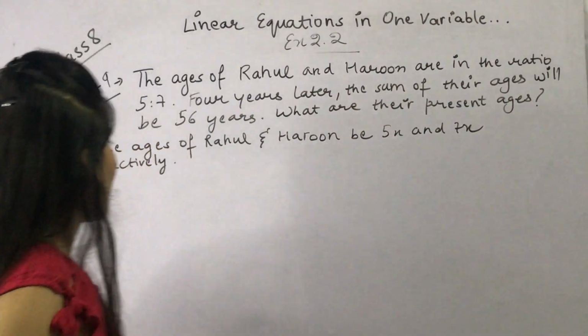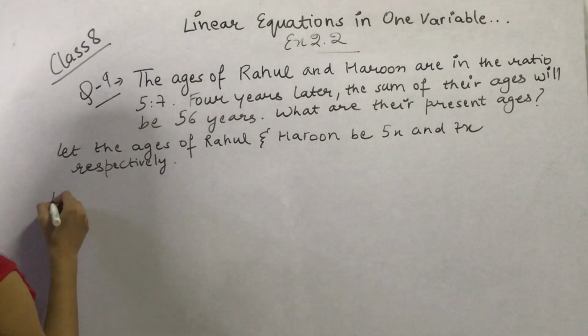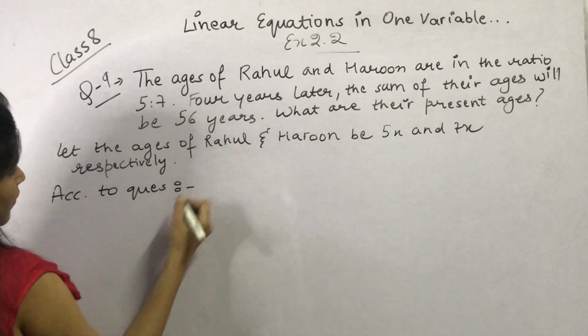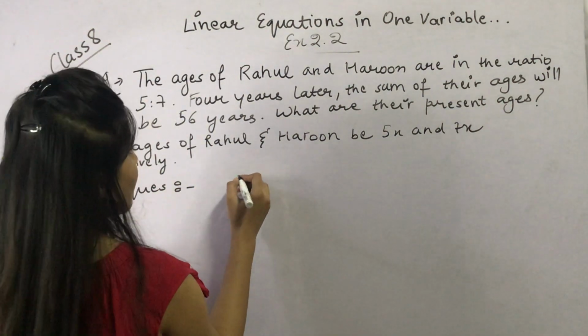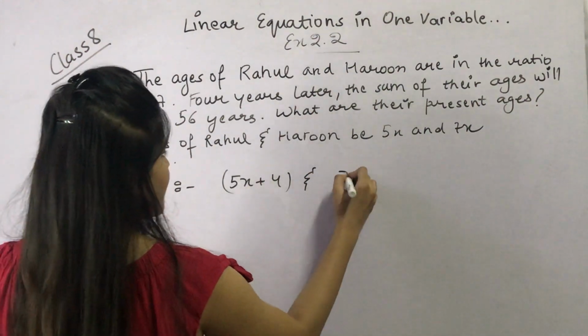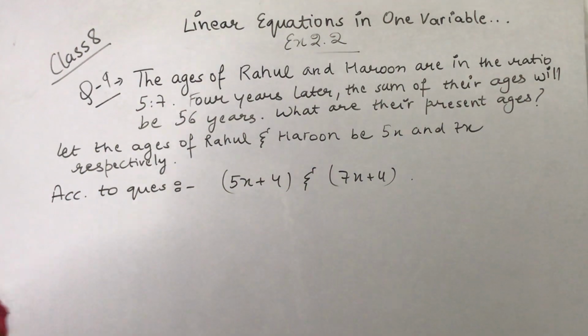Okay? So, according to question, 5x plus 4 and 7x plus 4. This is the age of both after 4 years.